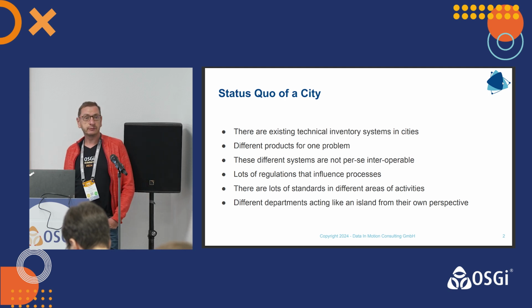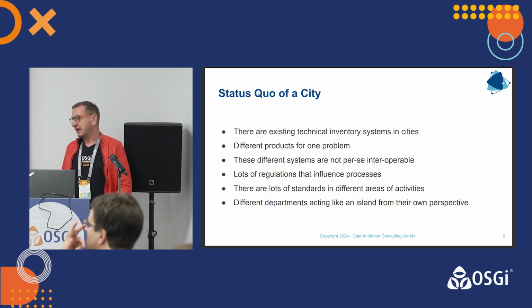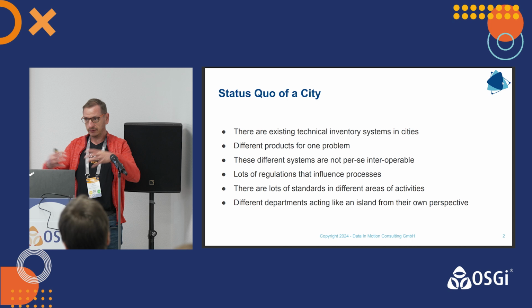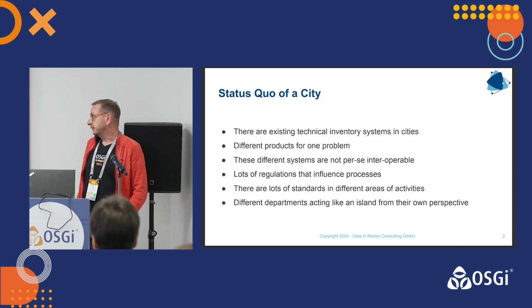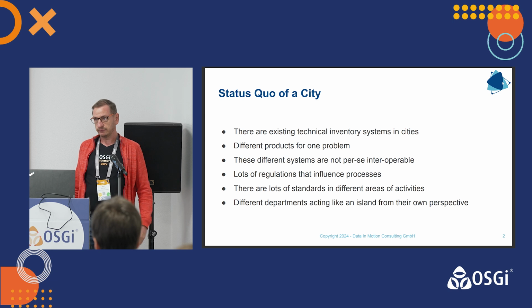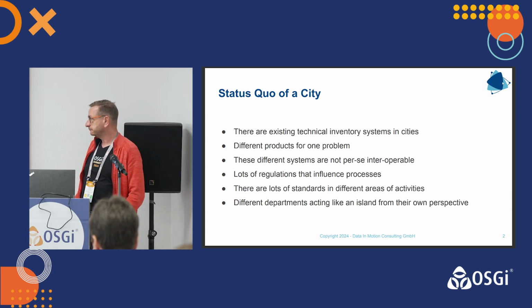You have to know that most of the departments have their own context. They usually act a little bit like an island in the whole governmental structure, and they look at a certain problem from their own perspective, from their own focus.